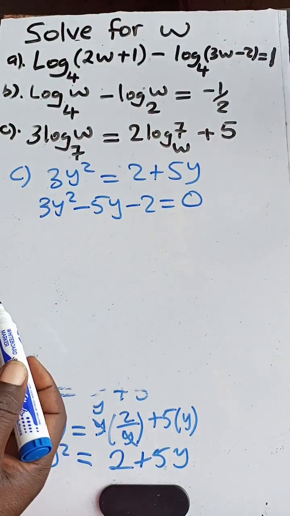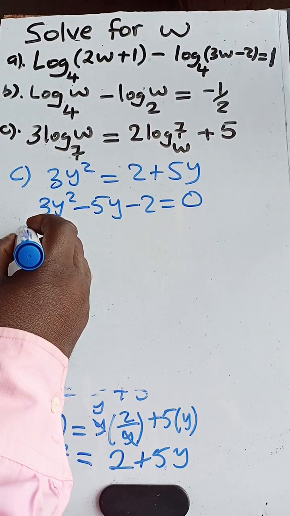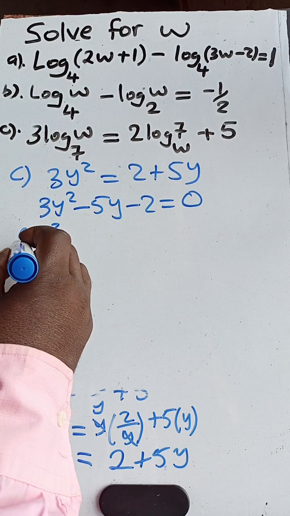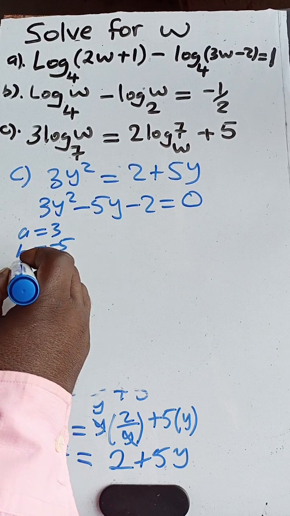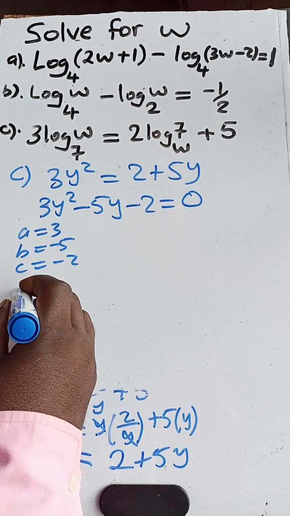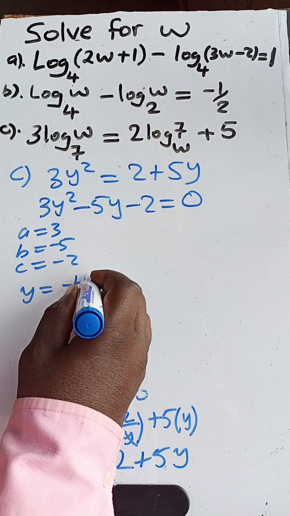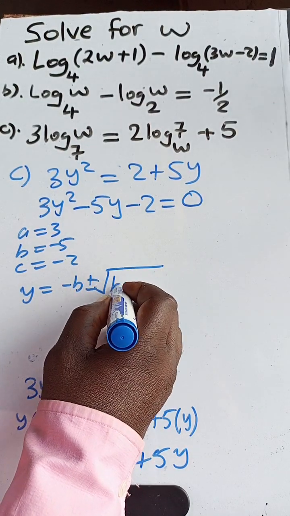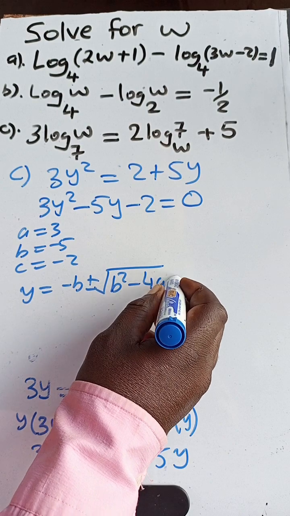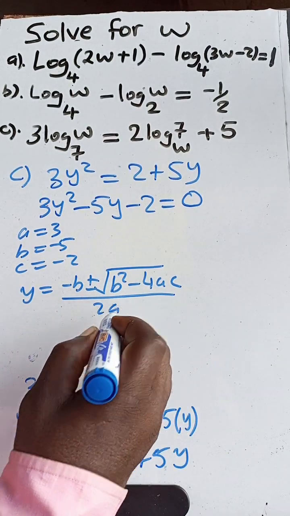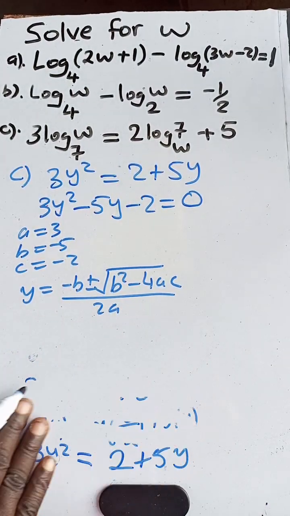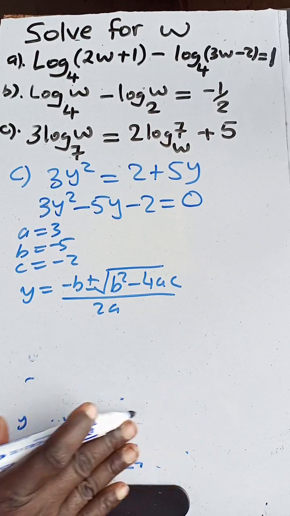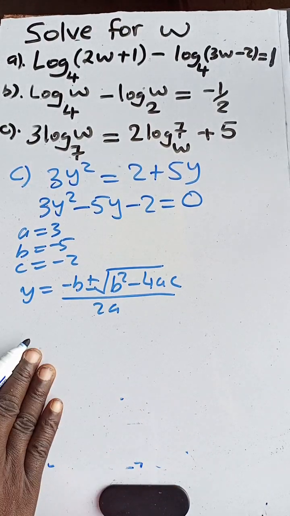This is a quadratic. We're solving this quadratic. Our A is 3, our B is negative 5, our C is negative 2. So Y equals minus B plus minus root B squared minus 4AC all over 2A. So let's put in the values of A, B, and C.